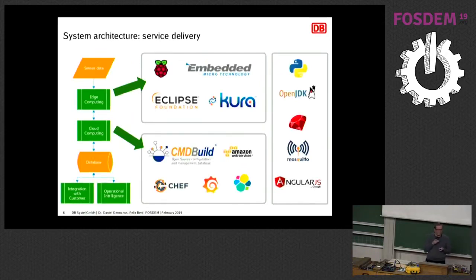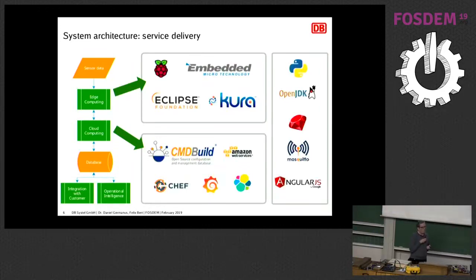Let's have a look at the system architecture that we have established over time here for the service delivery. So as I pointed out, we put plenty of these microphones into the field. So we have sensor boxes developed using Raspberry Pis in a, let's say, robust variant using embedded microtechnology integrated boards.